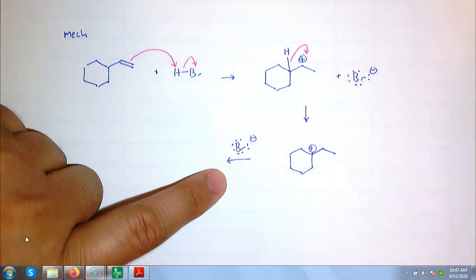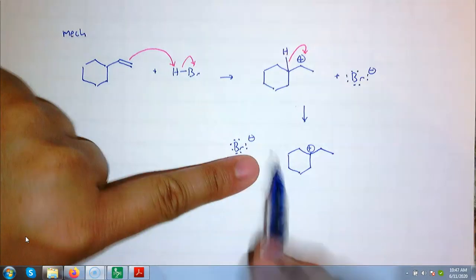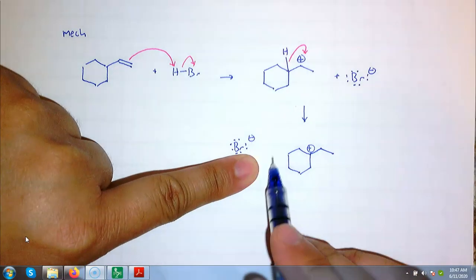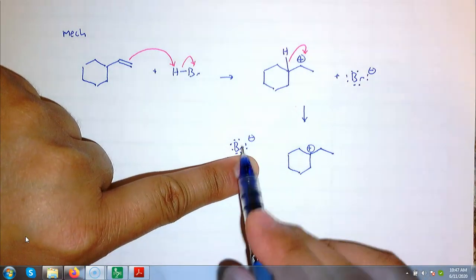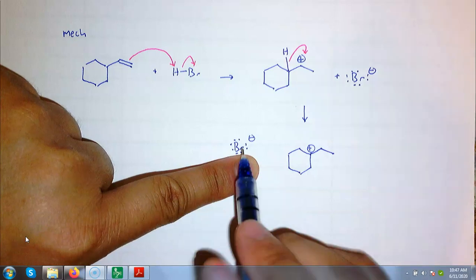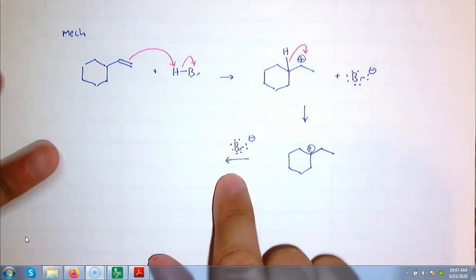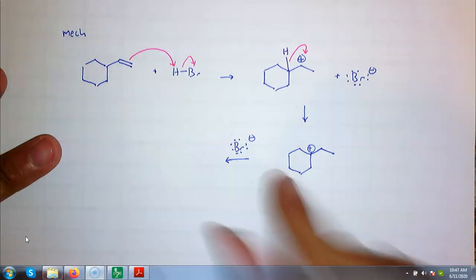Because what looks strange to me is if you put here plus Br minus right here, that kind of implies that you made that Br minus in the previous step. By putting it over the arrow, I'm avoiding that confusion.